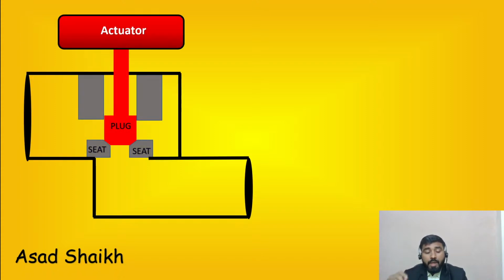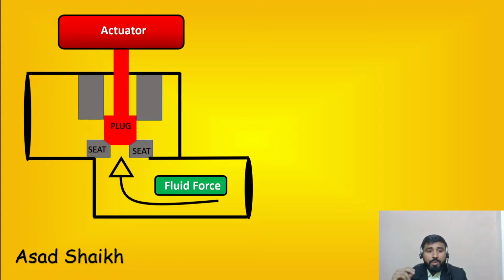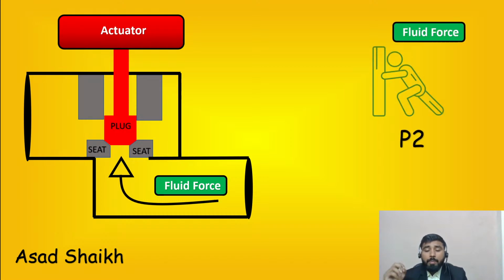Okay. Now, what I want to share with you is the balanced and the unbalanced trim design, and then we will club all of these trims together and try to make a kind of algorithm. When I talk about balanced or unbalanced design, you see here this is the plug, this is the seat assembly, and this is the fluid force which is hitting it.